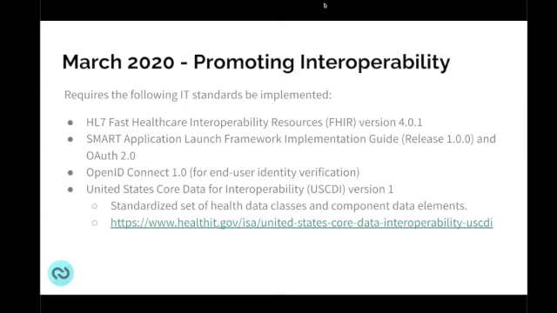So the chances of them utilizing different standards outside of the US and recreating their applications, it's too big of a market for this not to be relevant.